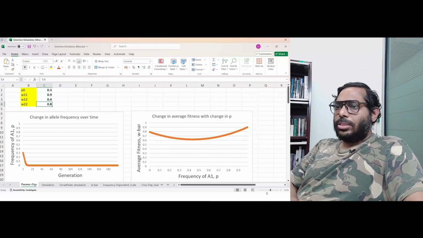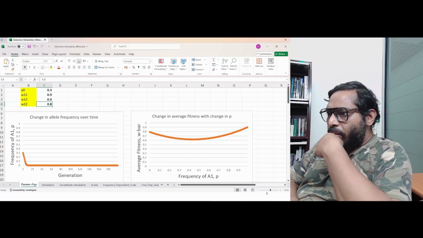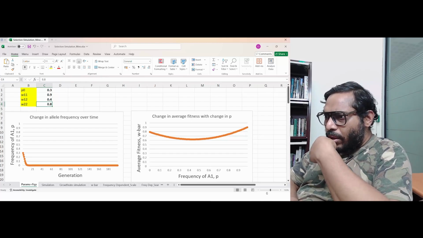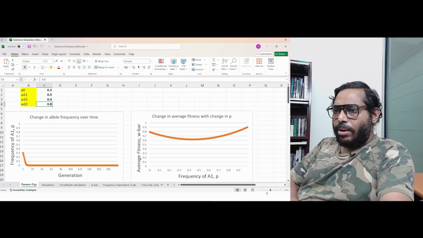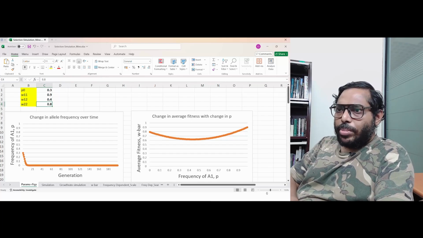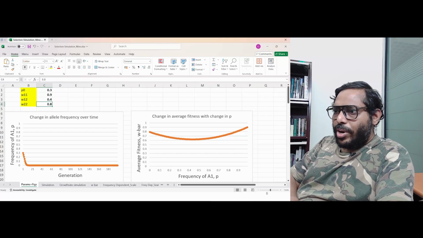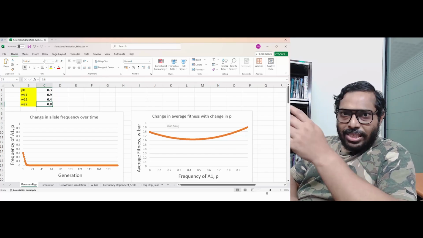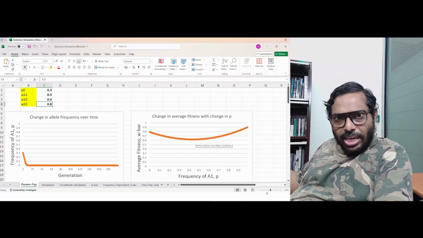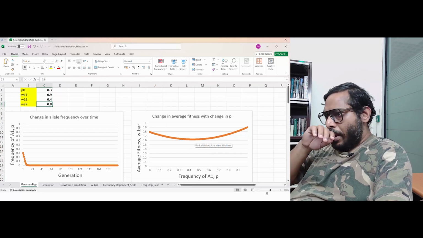Just to show you in the simulation, our equilibrium point is somewhere between 0.4 and 0.5. We took our P0 as 0.3, which was to the left of this, and therefore it went in this direction.